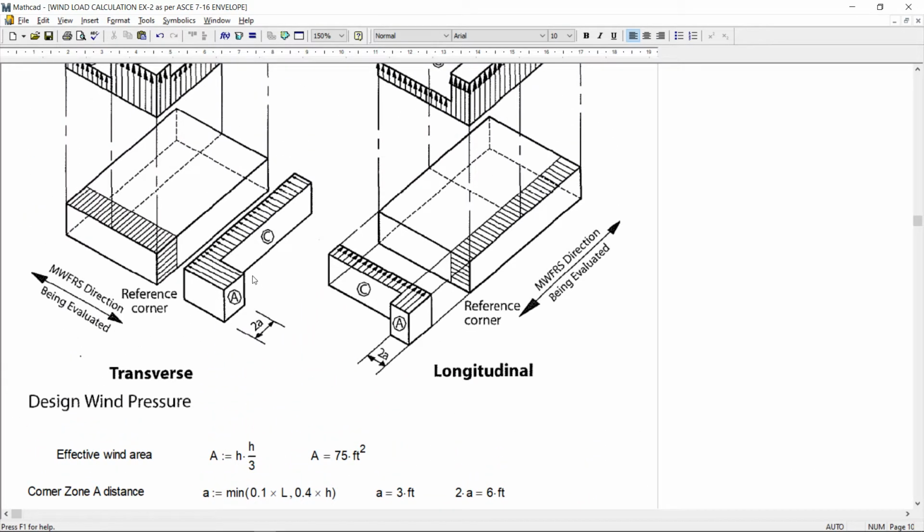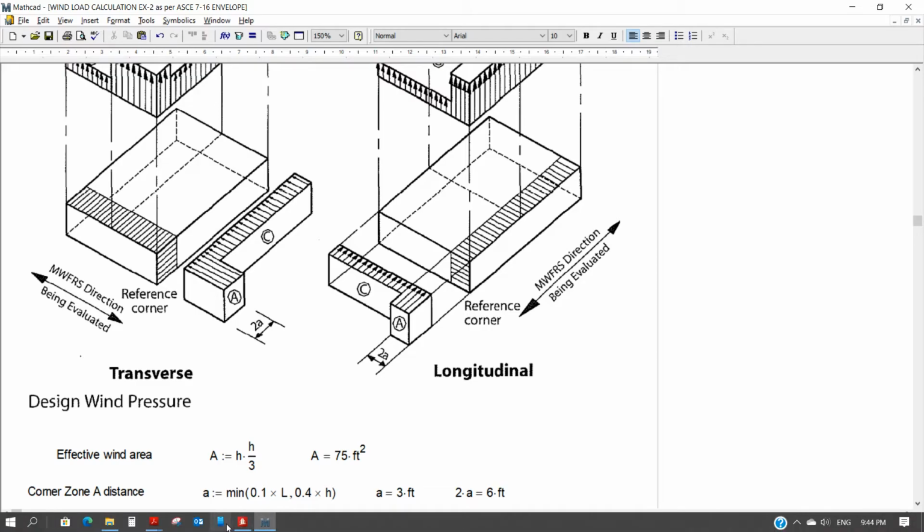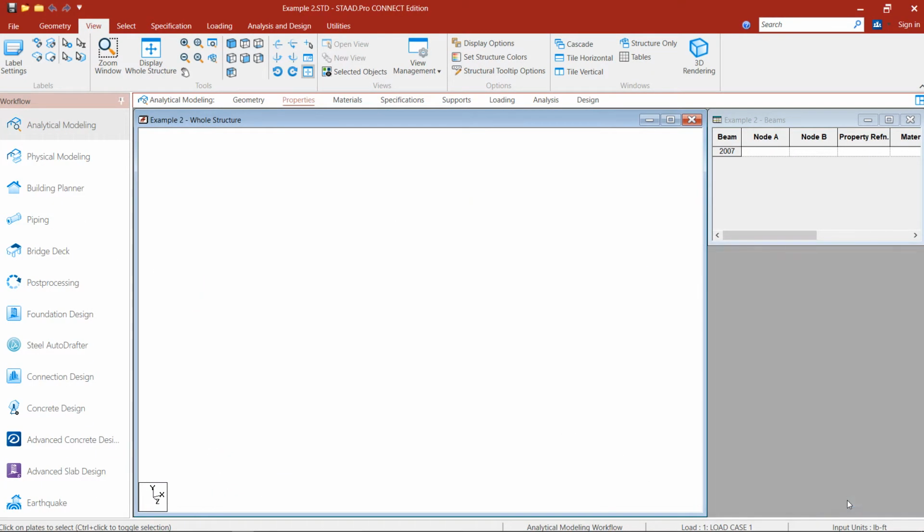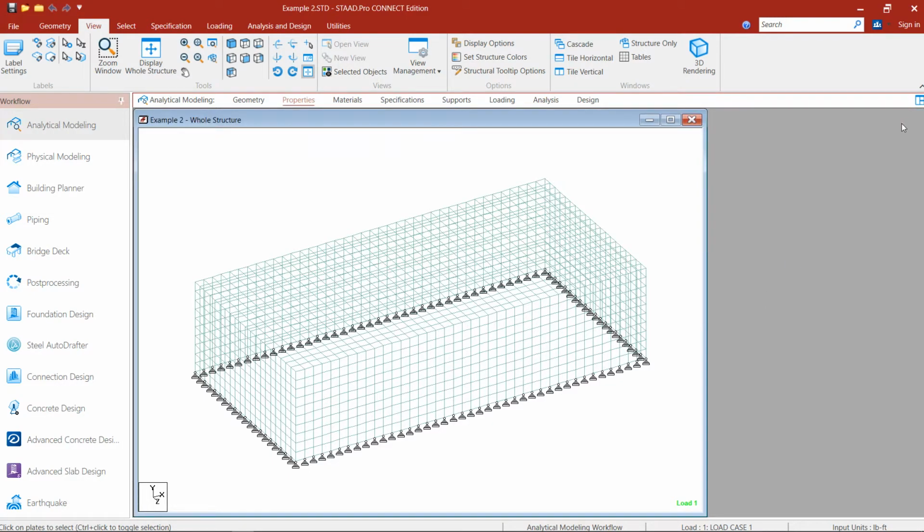I'm just considering load case 1 where the wind is blowing perpendicular to the longer face, that means the 60 feet face. Now what I did, I applied all these loads in STAAD.